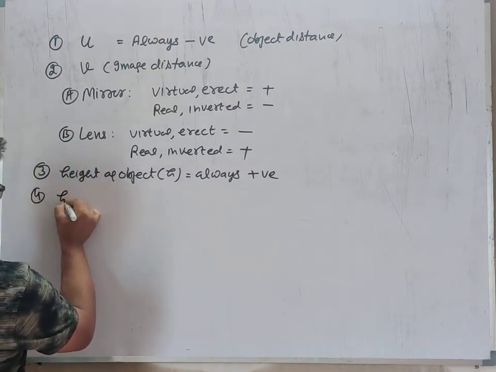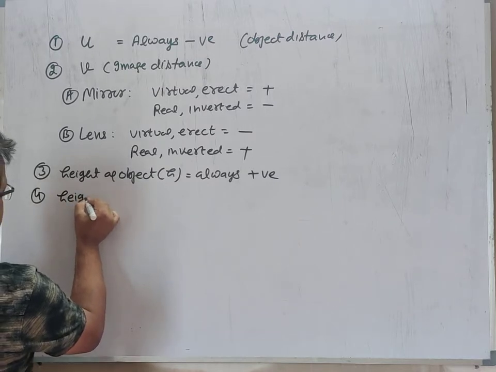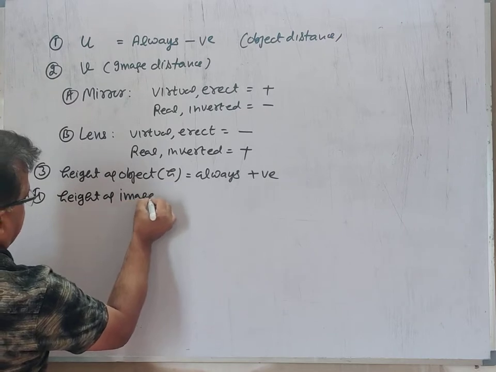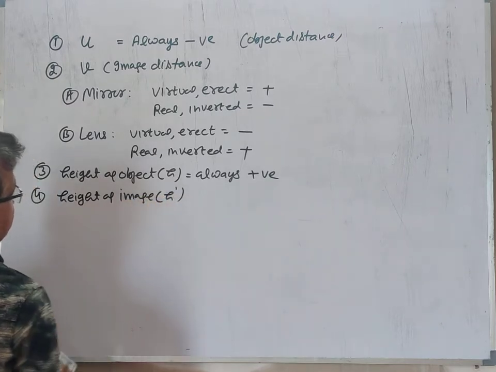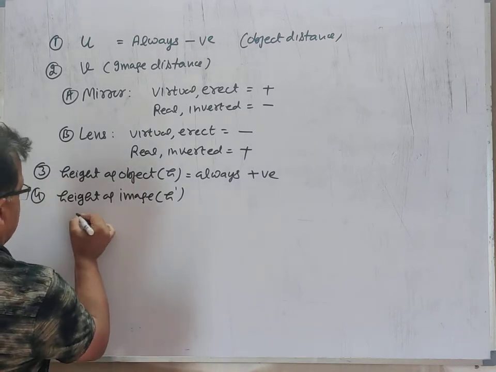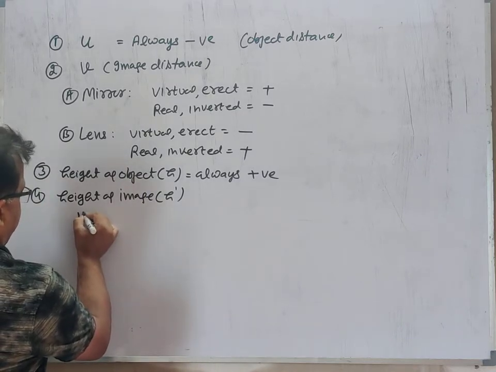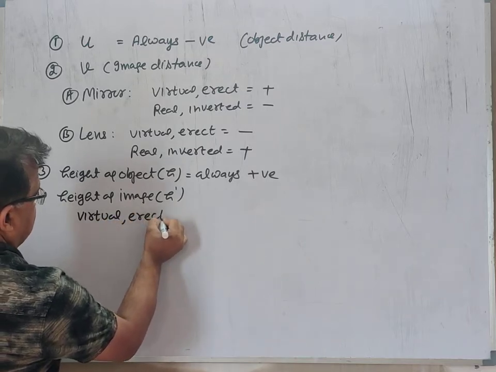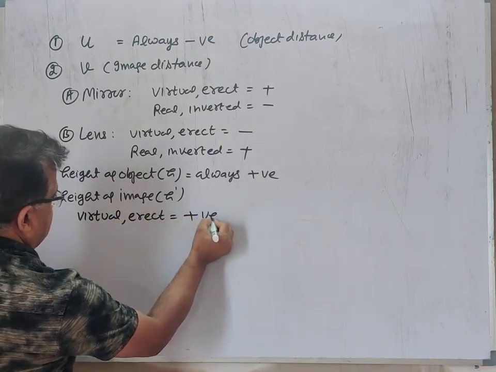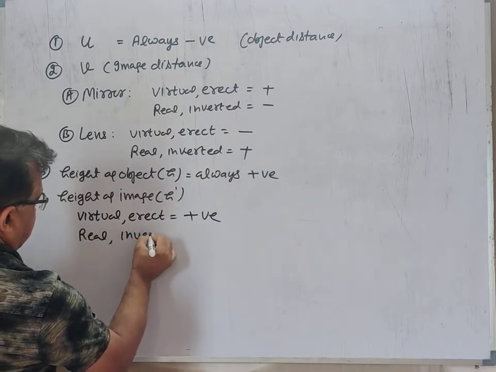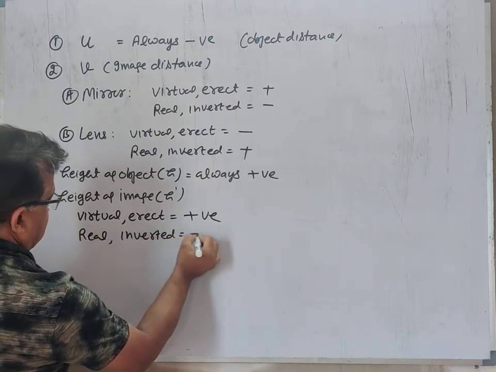Then the height of image, which is written as h dash. That height of image is different. For virtual and erect it is positive, for real or inverted it is negative.